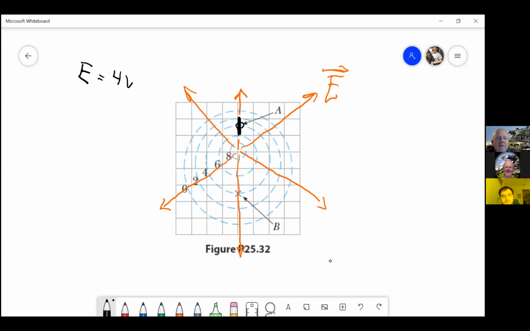So I would say it's 4 volts in 1 centimeter. Now, the problem asks for the electric field on B. Oh, B. My bad. I thought it said both A and B.